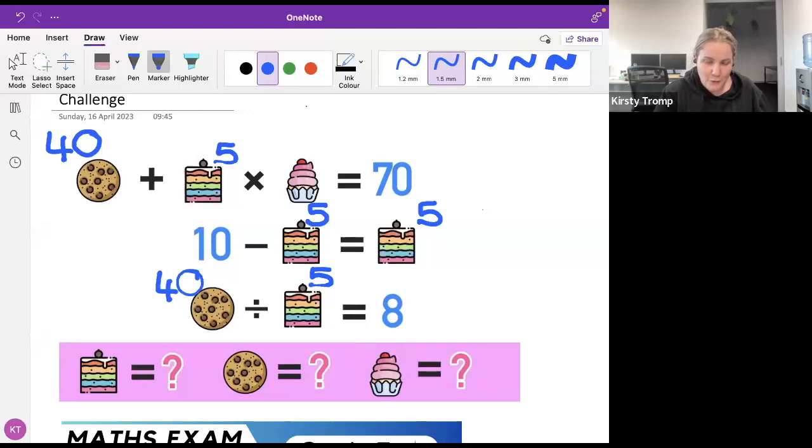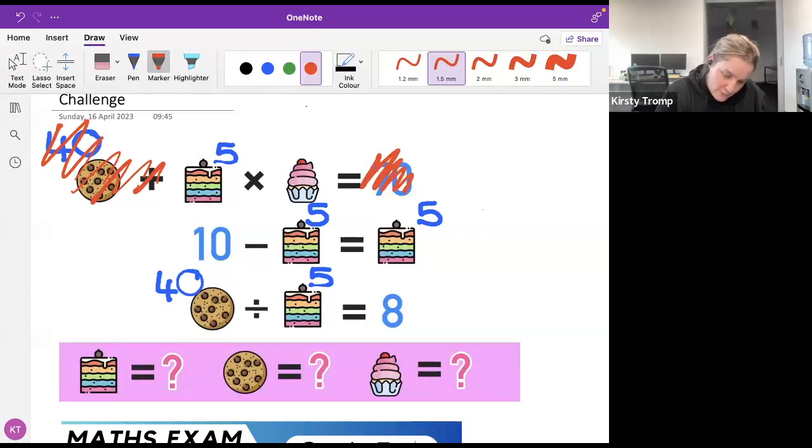The first thing I'm going to do is take 40 away from both sides because that's going to help me out a little bit. So minus 40 from this side, and minus 40 from this side.